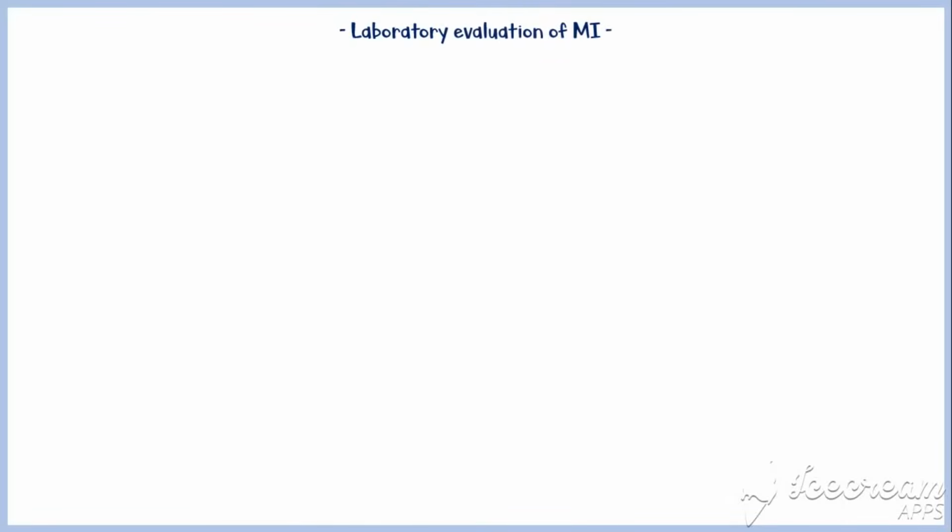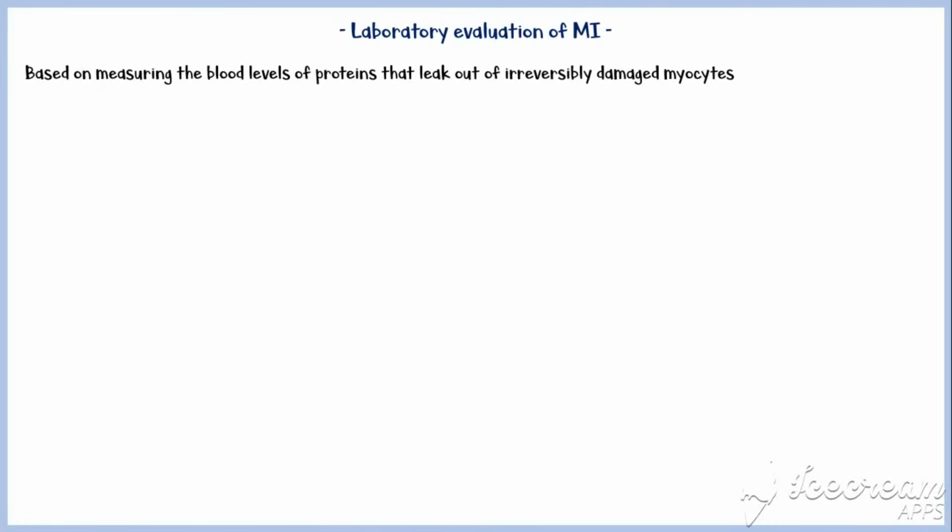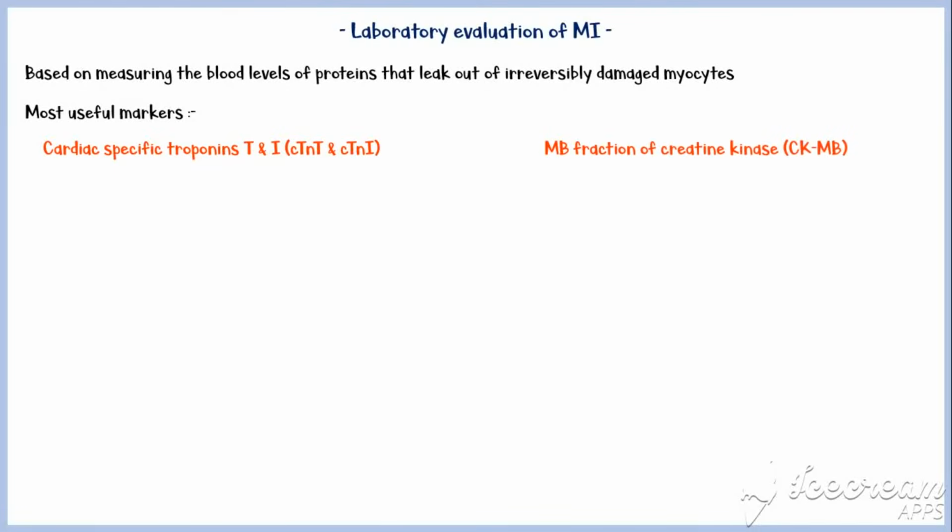Laboratory evaluation of myocardial infarction is based on measuring the blood levels of proteins that leak out of irreversibly damaged myocytes. Most useful markers are cardiac-specific troponins, troponin T and troponin I, and the MB fraction of creatine kinase. Cardiac troponins are proteins that regulate the calcium-mediated contraction of the myocytes.